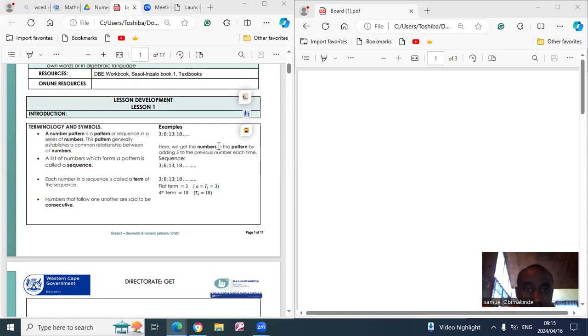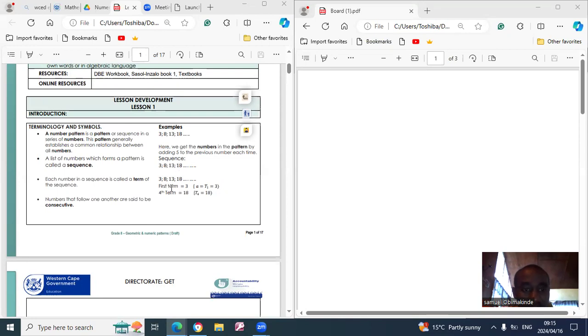Here, we get the numbers in this pattern by adding 5 to the previous number each time. To get to 8 from 3, you need to add 5. If you add 5 to 8, it gives you 13. If you add 5 to 13, it gives 18.